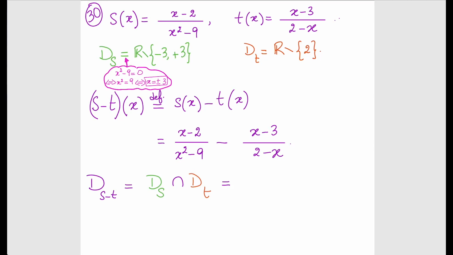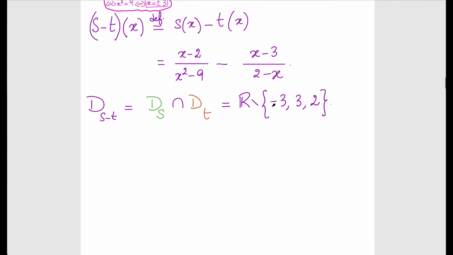So this is the collection of all real numbers. Let me write it using set theoretic difference again. All real numbers except minus 3, plus 3, and 2. Correct? Those are the guys.